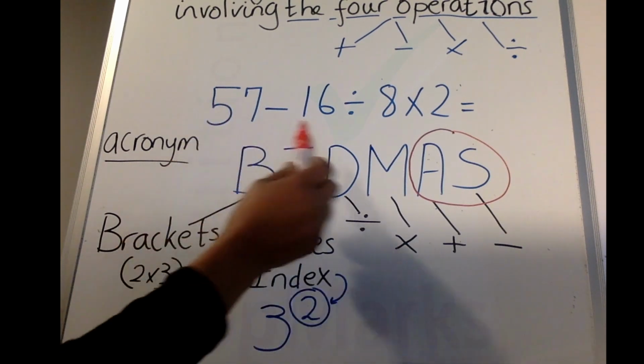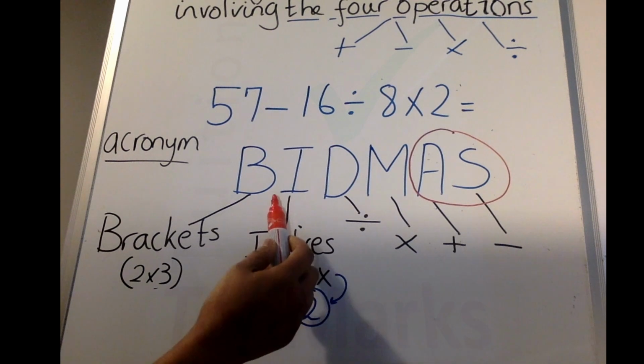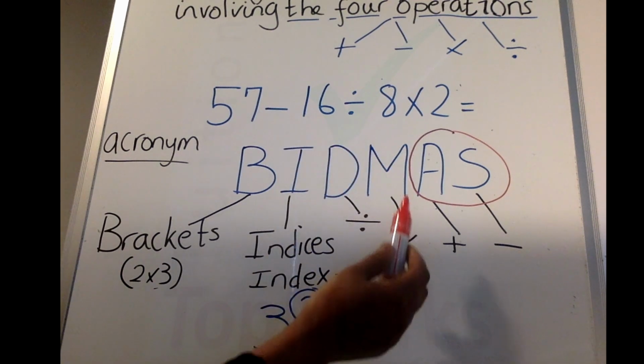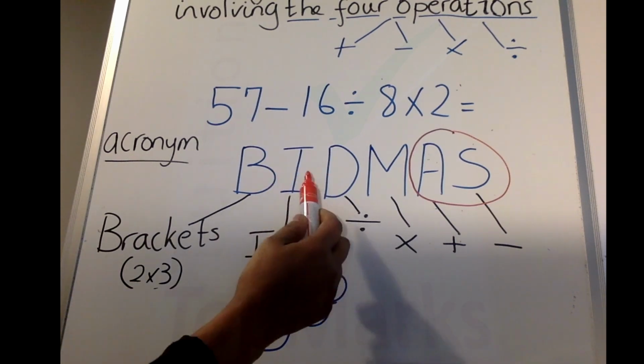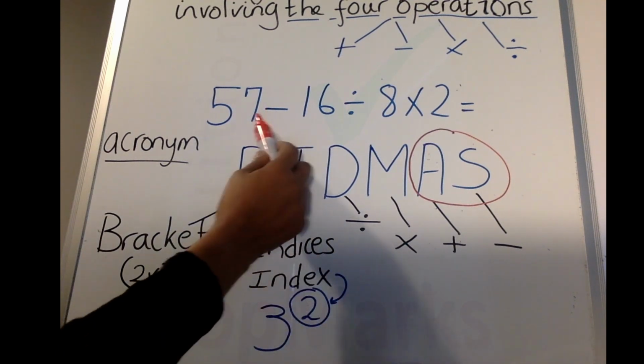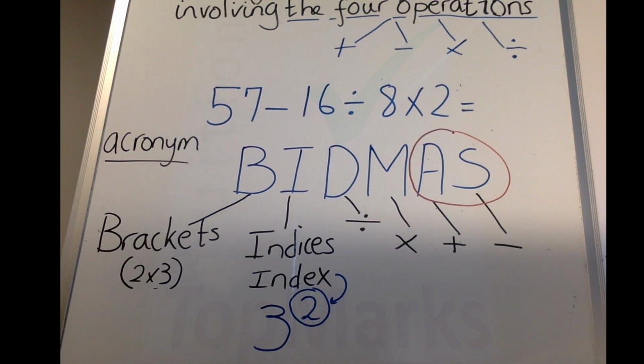So if I'm doing a calculation and the addition part of the calculation appears before the subtraction calculation, then I do the addition first. If, however, the subtraction calculation appears in that calculation before the addition calculation, then I'll do the subtraction calculation first.